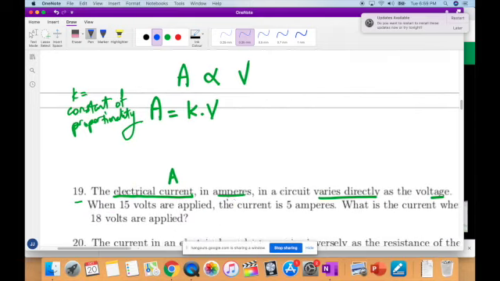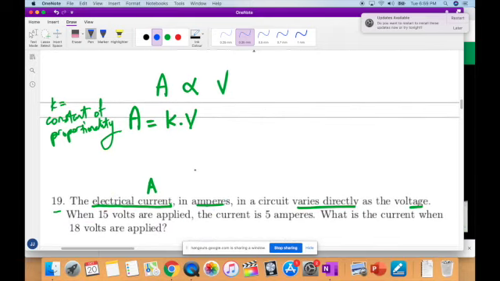In this case, we have the electrical current A in amps in a circuit varies directly as the voltage. So I have the amps directly proportional to the volts.